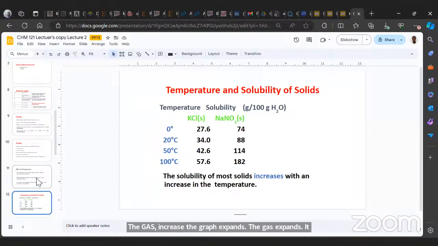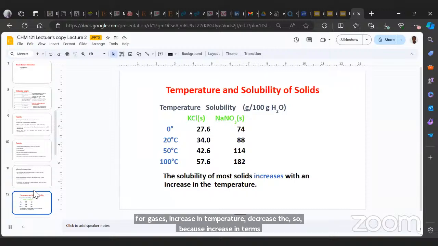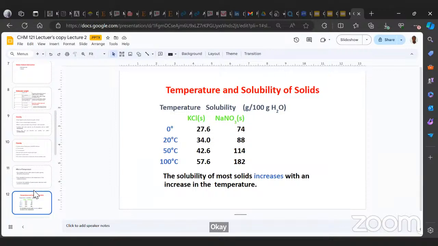So it's the opposite. For solids and liquids, an increase in temperature increases solubility. But for gases, an increase in temperature decreases the solubility, because it causes the gas to expand and become more volatile. When it's more gaseous, more volatile, solubility will decrease.